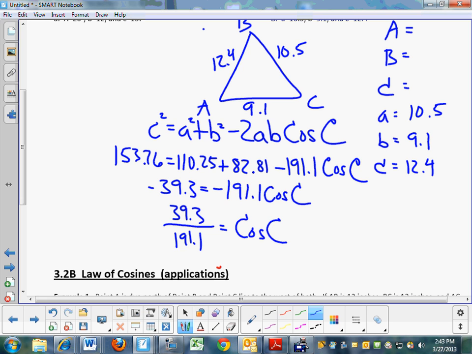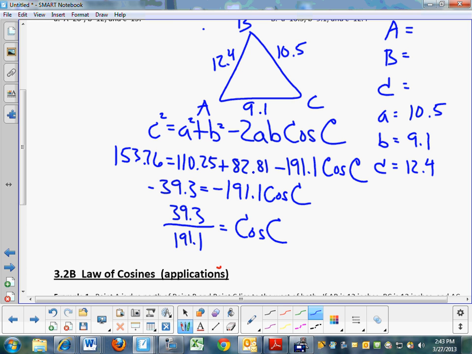So the angle must be acute. So the largest angle is acute. So is there an obtuse angle? No. If this was negative, is cosine positive or negative in the second quadrant? Negative. Angles are obtuse in the second quadrant, correct? So if it was negative, then you would have an obtuse angle, and cosine would show you that.